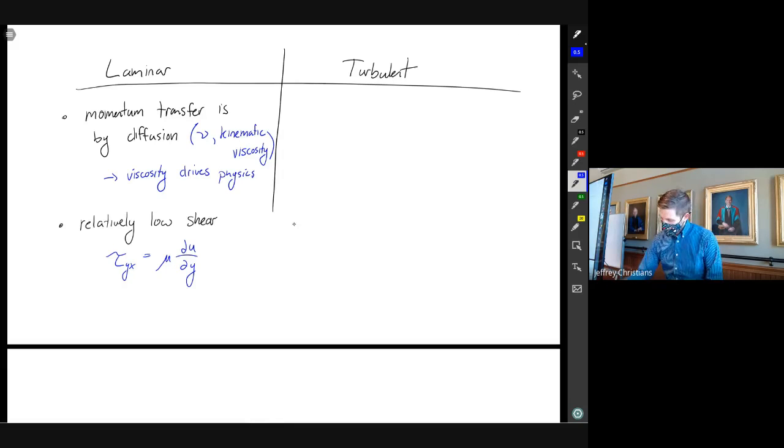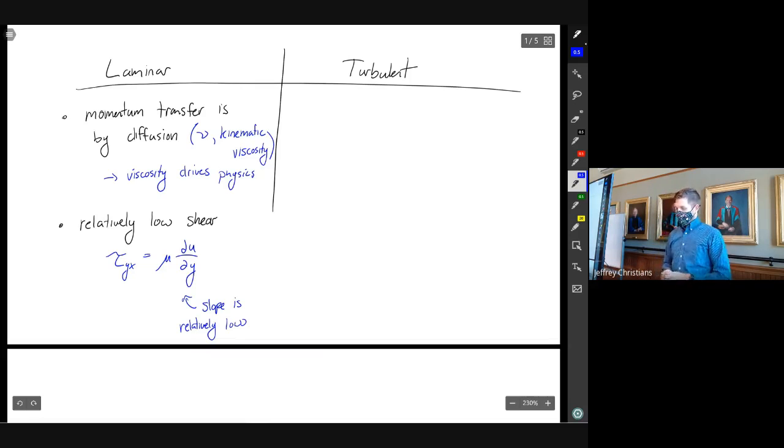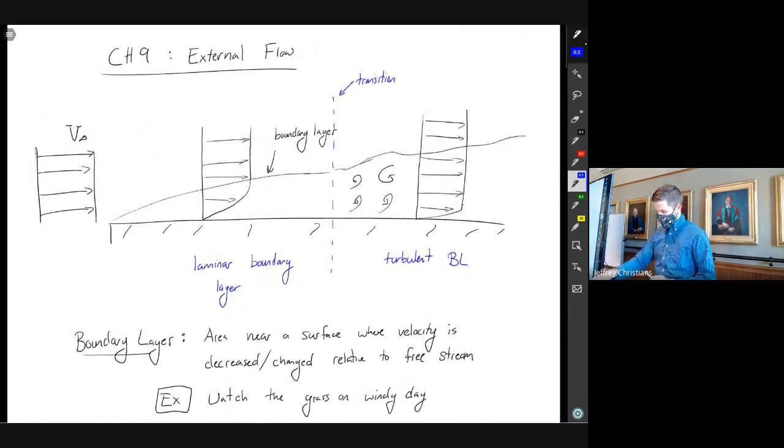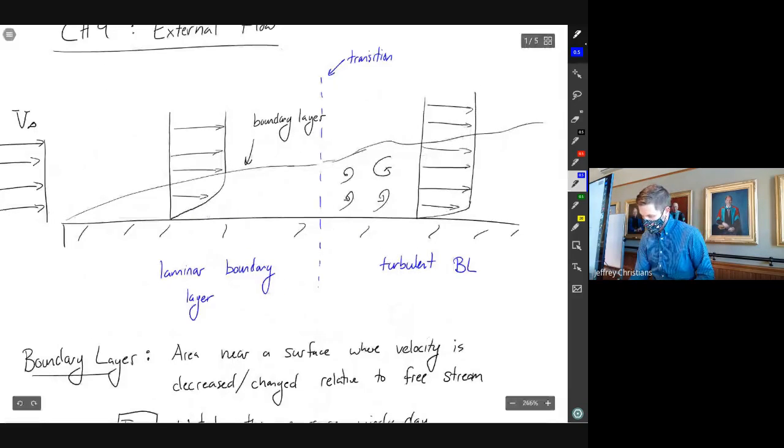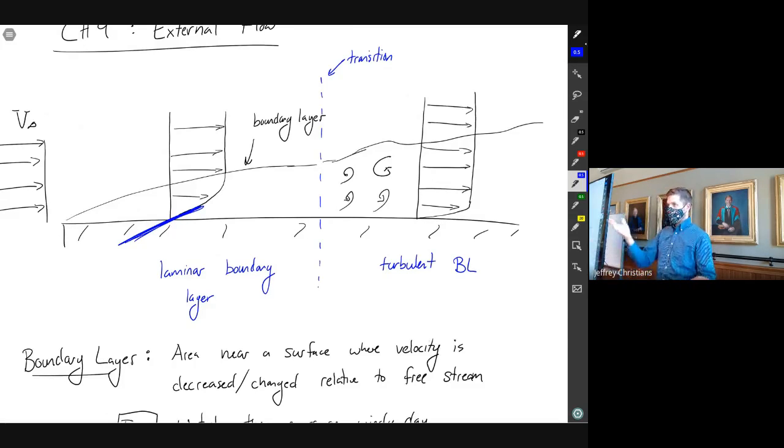This is the slope, which is relatively low. If you want to see that, look at the image that we drew above. We're talking about the slope here at this surface. That slope is relatively low.